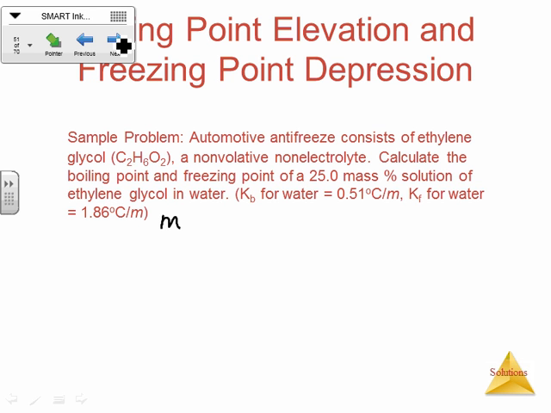Remember, molality equals moles over kilograms. And this is moles of solute over kilograms of solvent. Okay? So, we have to think about this a little bit. We've got a 25.0 mass percent solution here. Any ideas how we would start this one?